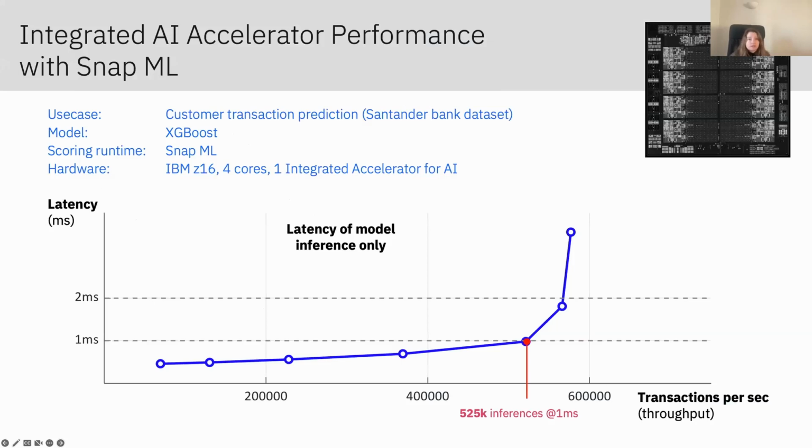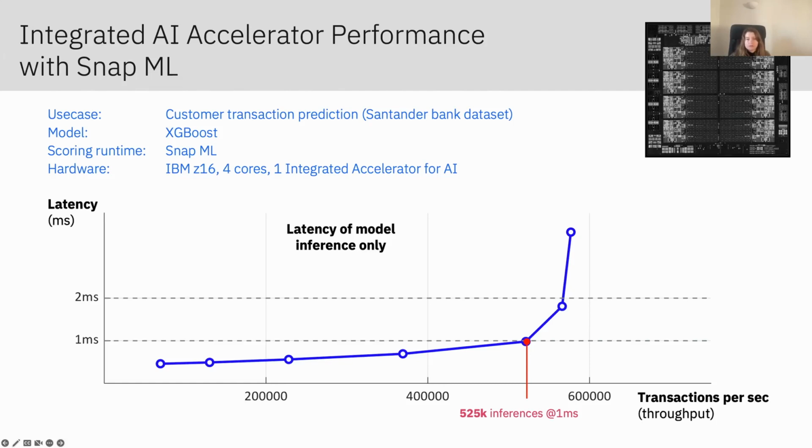So here you can see the performance benchmark. There was a data set that came from an ML competition a couple of years ago, sourced by Santander Bank. They were using XGBoost, and they were using SnapML on z16, and you can see how fast they can run.